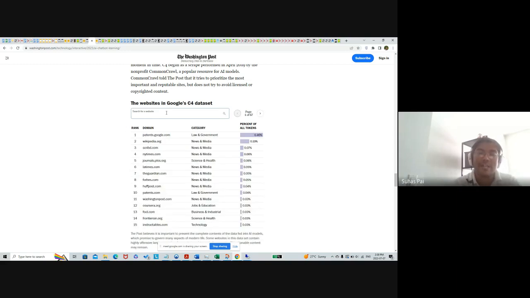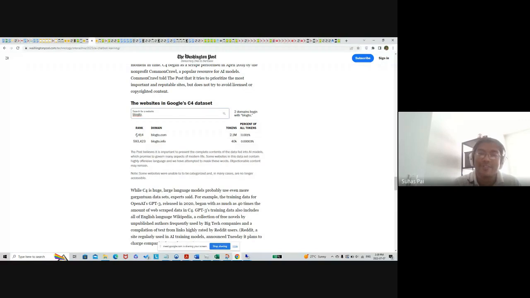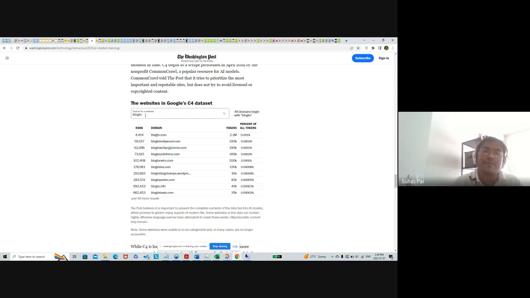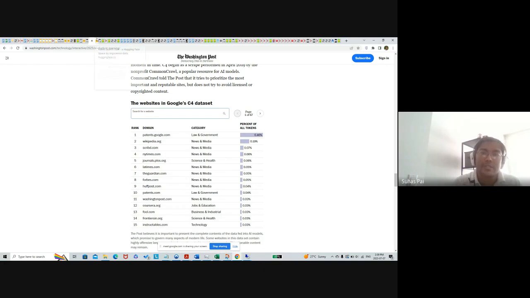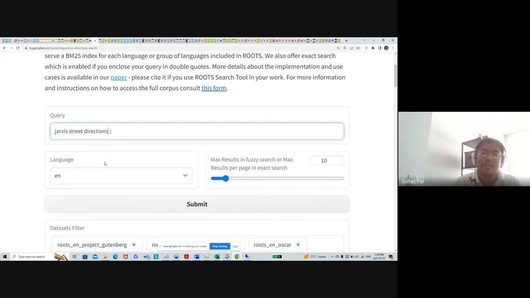So a fun fact, blogTO is somehow one of the top ranked, and so a lot of these open source models know a lot about Toronto streets. For example, if you're using Bloom, you can ask for routes.